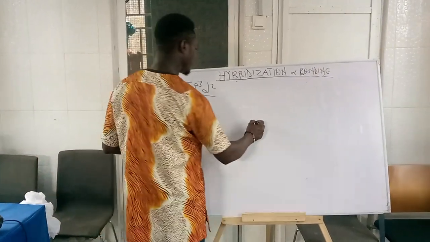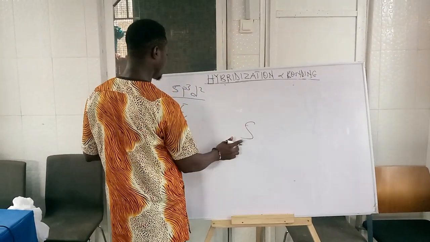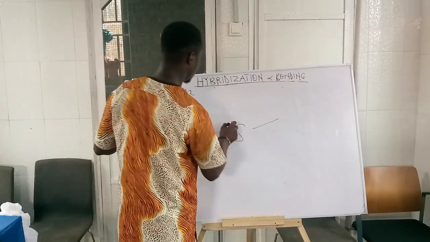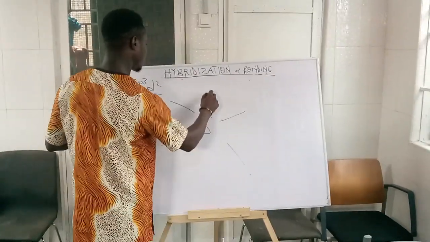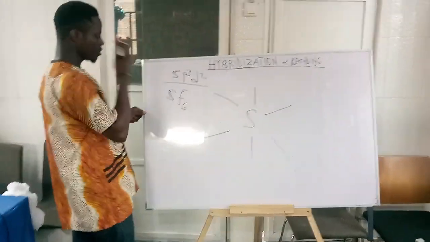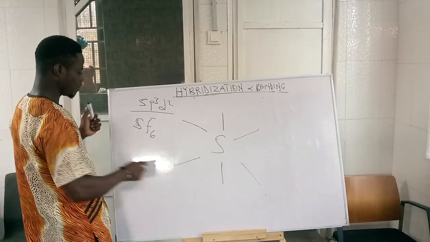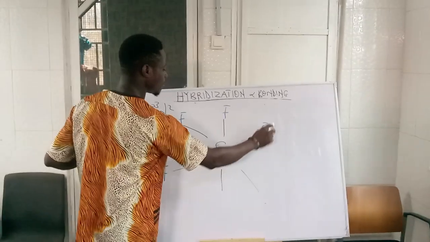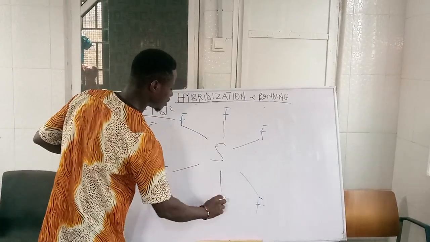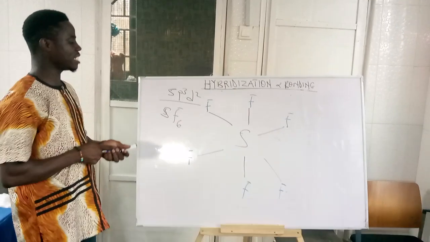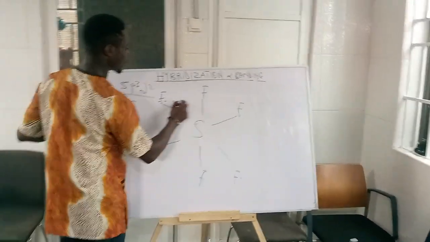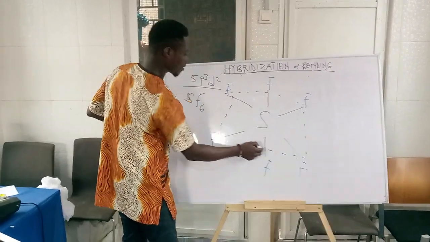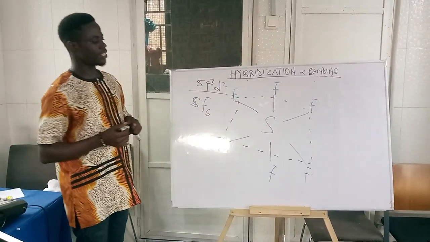SF6 is going to give you something like this. This is my sulfur. So I'm having this, and it's going to look like this. This is my fluorine. If you do it well, you're going to get something like this. The shape of this we call tetrahedral.